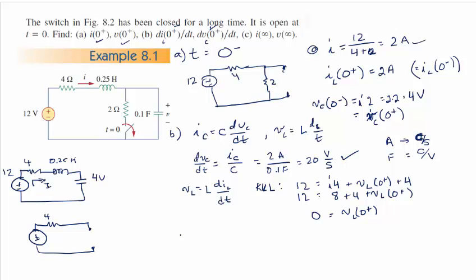So I at infinity must be equal to 0 because it's open at that time, and V at infinity, the voltage on the capacitor, must be equal to the 12 volts. So it's remembering really to apply the rules on this circuit.